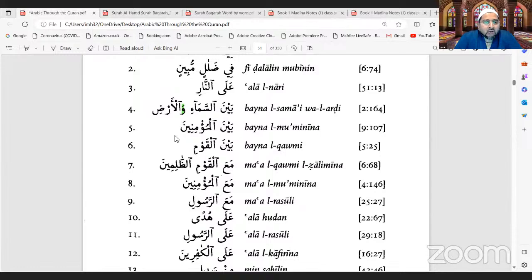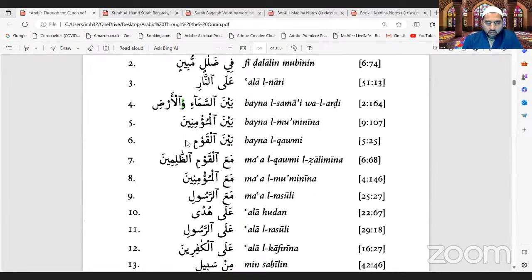That's the reason why it's bainal mu'minina, not bainal mu'minuna. Inshallah, I'll teach this in another lesson, but just know that this is sound masculine plural, and the original word is al-mu'minuna. Because of baina, it is changed to mu'minina. Is that okay? Inshallah, in the coming lessons, I'll teach in more detail. I cannot teach all of the grammar in 1 hour.